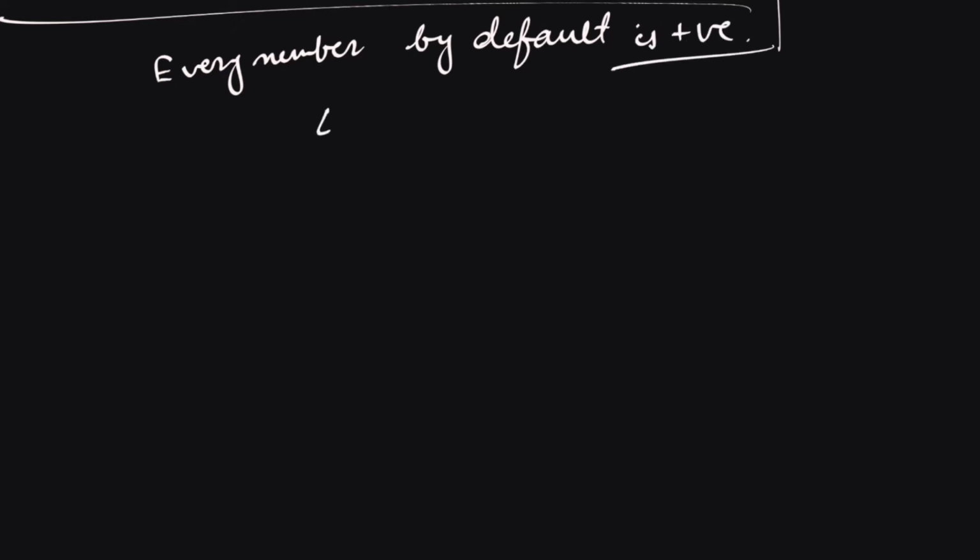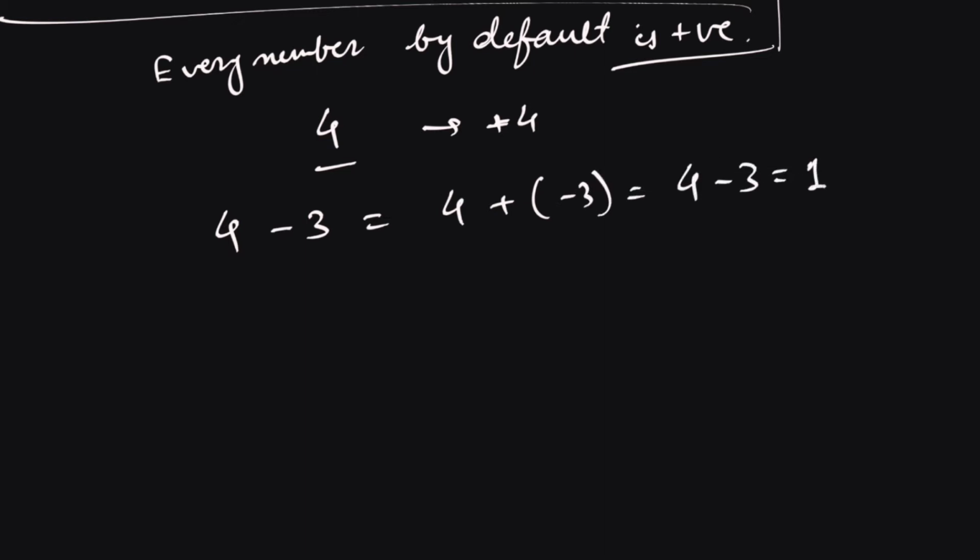So if there is just 4 written here, that means it is plus 4. In this equation, for example 4 minus 3, when we are calculating this, we are essentially adding 4 plus a minus 3, so that it becomes 4 minus 3 equals 1.